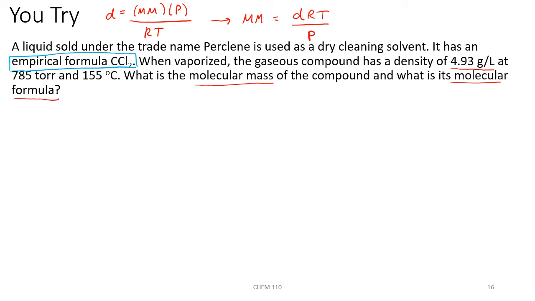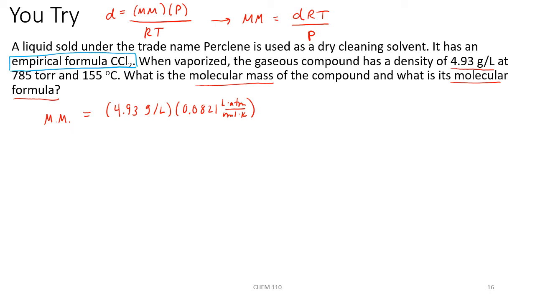So plugging into our rearranged formula, let's find our molar mass first. Our density is 4.93 grams per liter times R, 0.0821 liter atmospheres over mole times Kelvin.